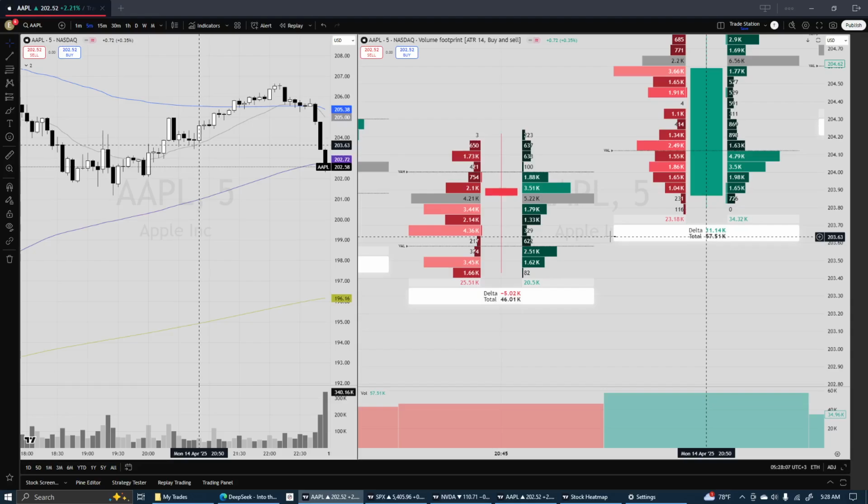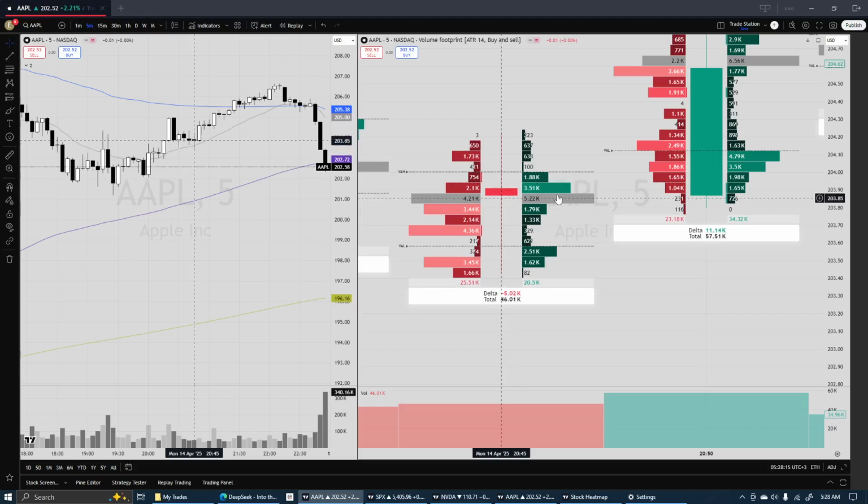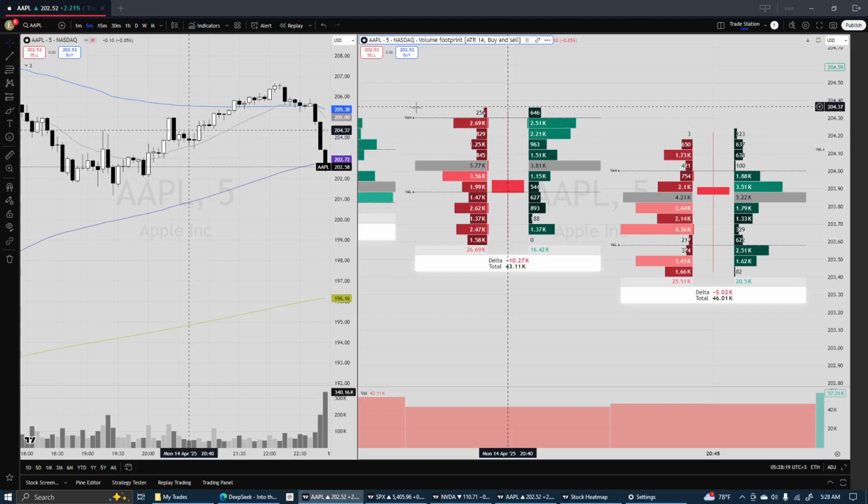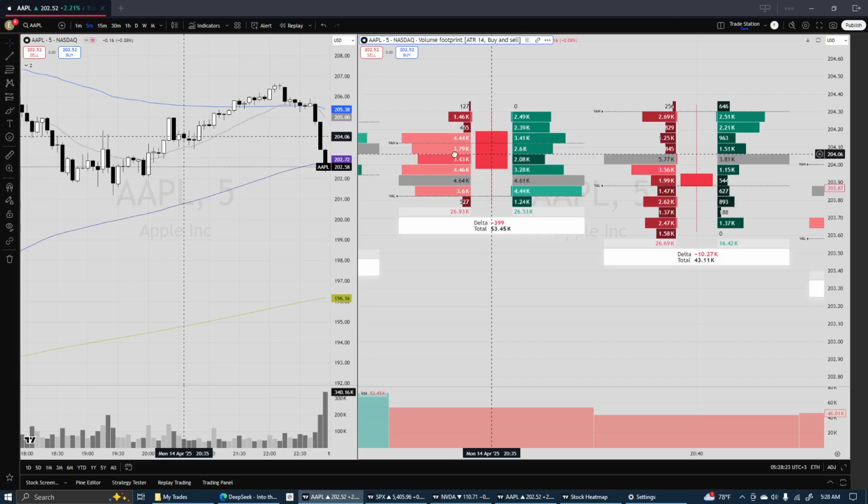Interesting. Getting the footprint in conjunction with the price is, of course, the entire concept of the footprint, but the overlapping value area high and value area low is very important.